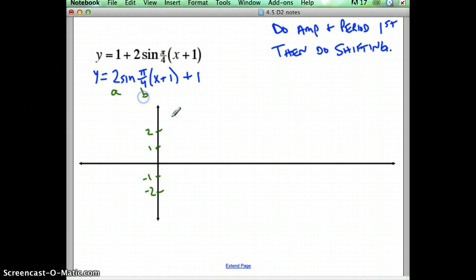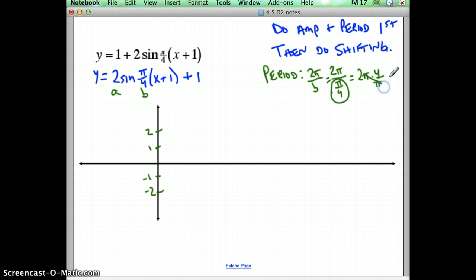B is pi over 4. So to find the period, you have to do 2 pi divided by b. So in this case, it's 2 pi divided by pi over 4. Well, instead of dividing by pi over 4, we could multiply by the reciprocal, which would be 4 over pi.